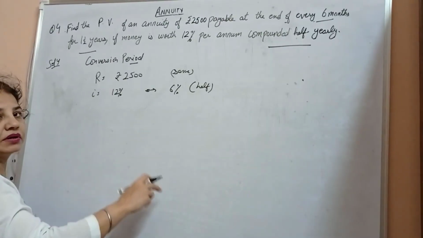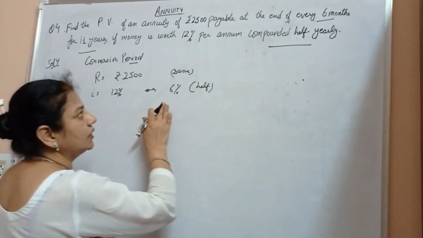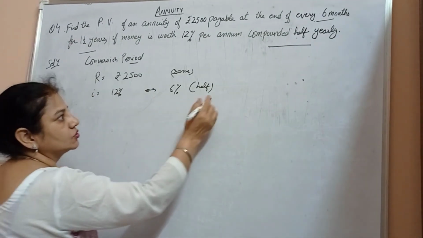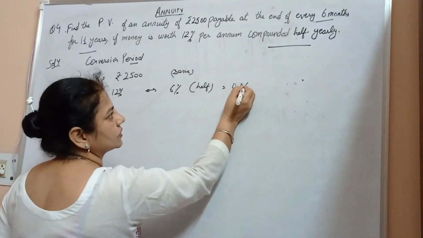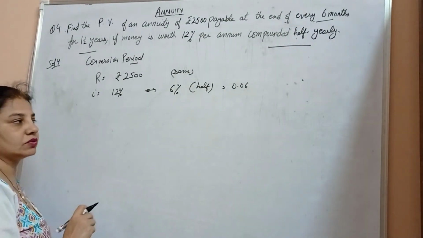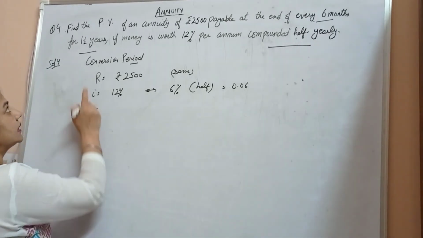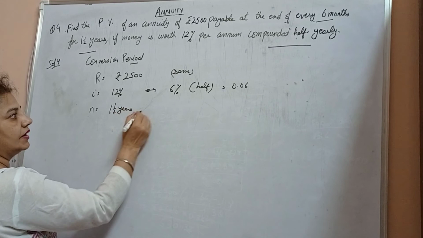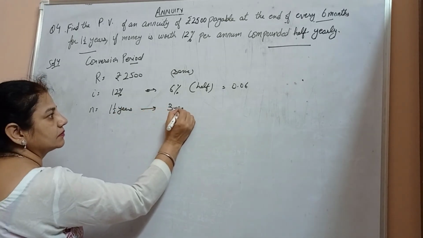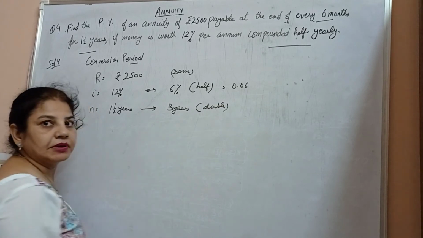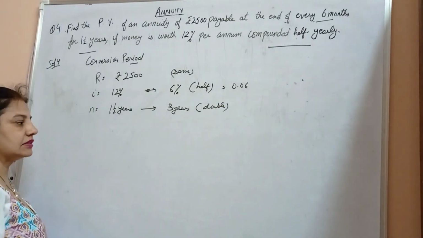For compounded half yearly, the rate of interest becomes half, which is equal to 6%. So we have 6 upon 100, which is 0.06. Time is given as 1.5 years, which becomes 3 periods. Time becomes double.